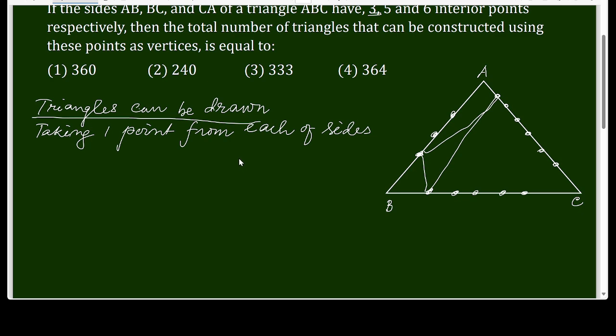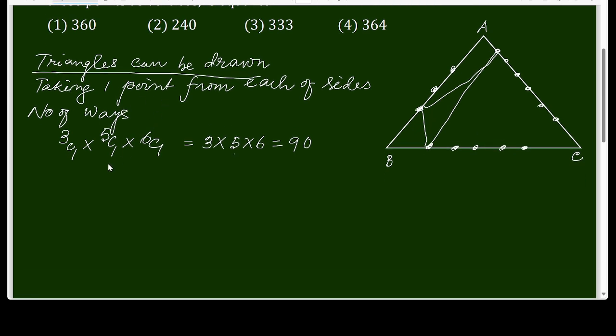So 1 point from AB can be chosen in 3C1 ways, multiplied by 1 from BC, that is 5C1, and last is 6C1. So it will be 3 into 5 into 6, it will be 90, taking 1 point from each side.